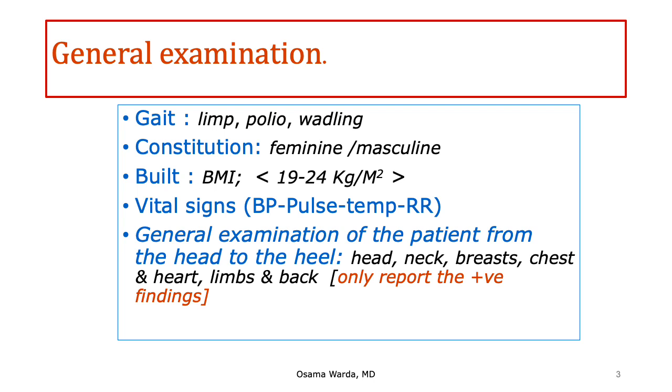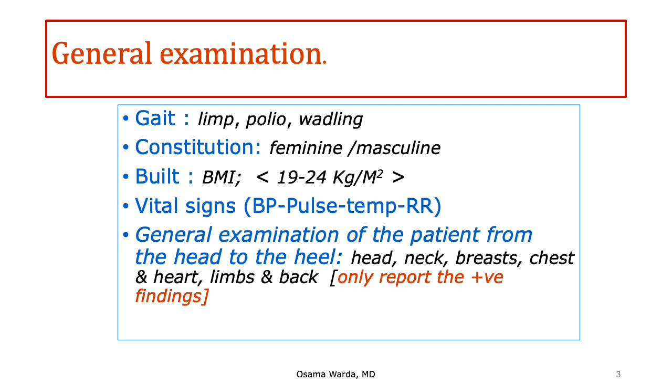Okay. Then we assess the build of the patient. The most commonly used equation for assessment of the body build is the body mass index. Body mass index is obtained by dividing the weight in kilograms over the height squared in meters.